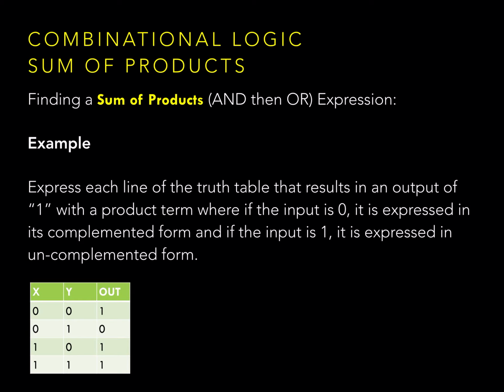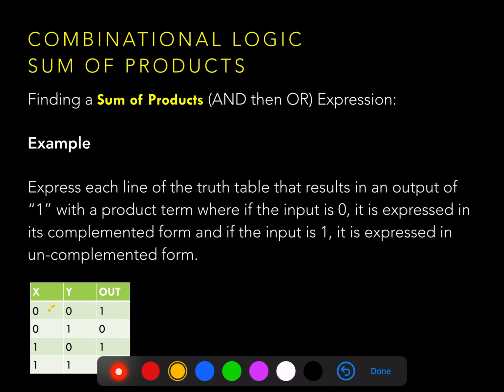And for any entry that produces an output of 1, the variable contained in that entry, if it's a 0, we'll express as its inverse in the sum of products expression, and if it's a 1, we'll express it in its uncomplemented form. So that means the expression for this first line of the truth table, which produces an output of 1, will simply be x0 and y0, because both x and y are equal to 0.